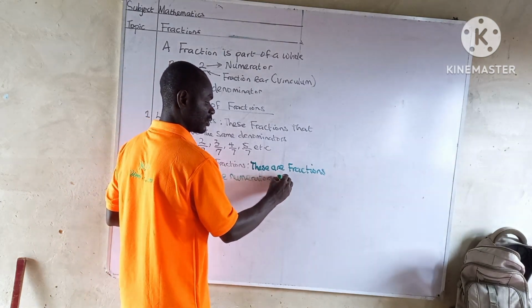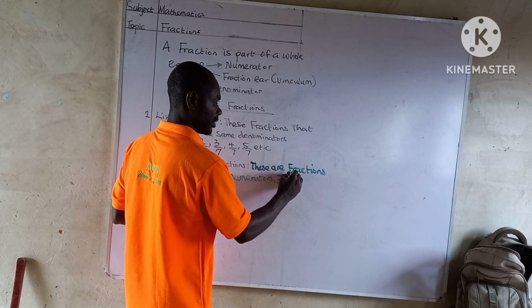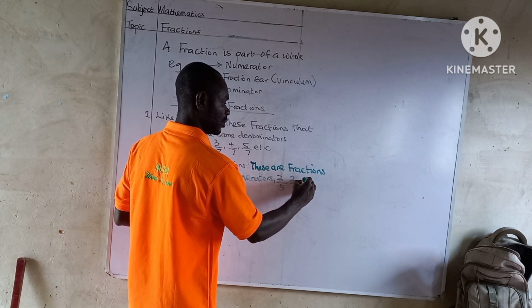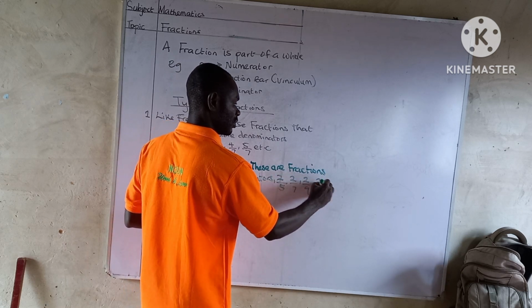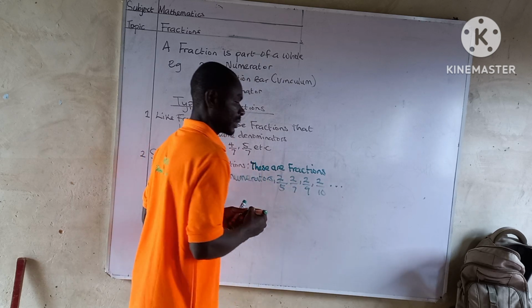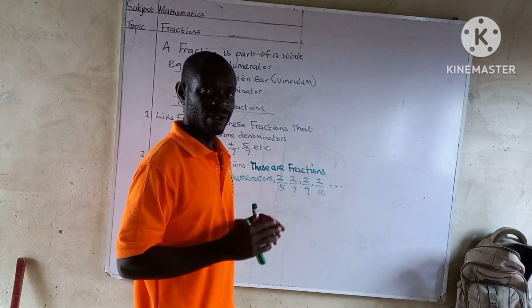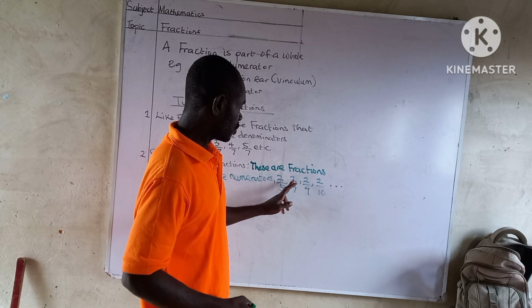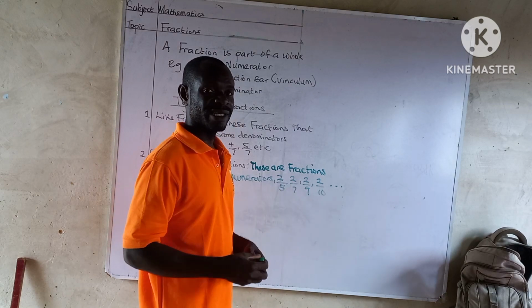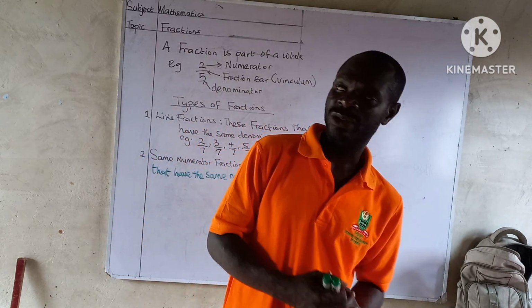For example, we have 2/5, we have 2/7, we have 2/9, we have 2/10, etc. So we discover that all their numerators are the same. 2, 2, 2, 2. They are called same numerator fractions.